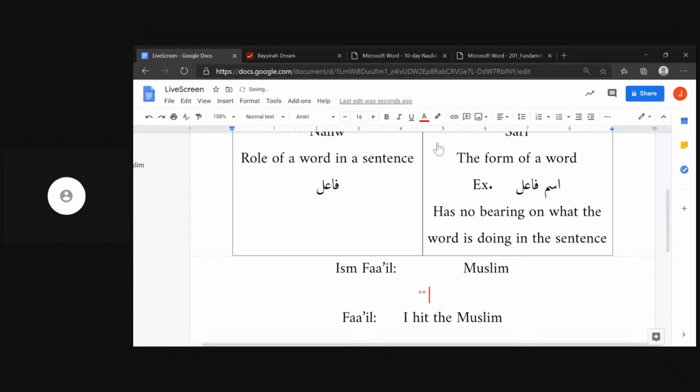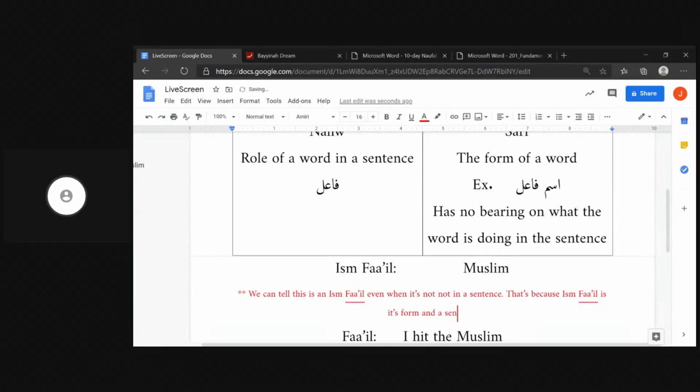Okay, we can tell this is an ism fa'il even when it's not in a sentence, because ism fa'il is its form and a sentence isn't required.